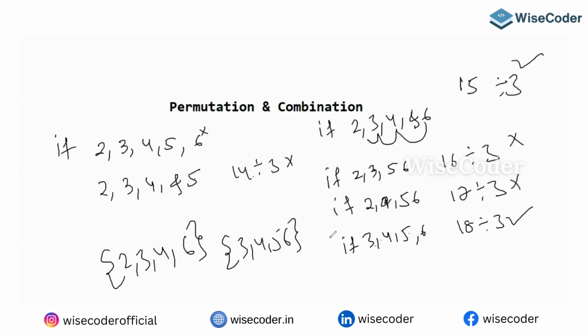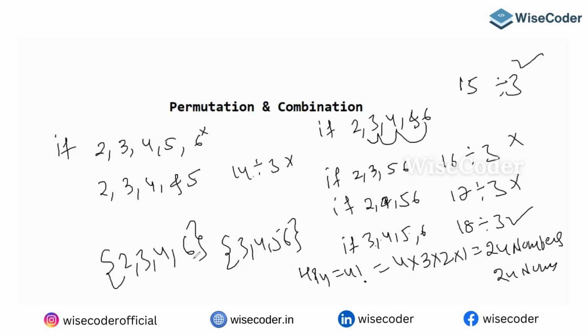So with each of these sets we can form 4P4, out of 4 I can use 4. That is nothing but 4 factorial, 4 into 3 into 2 into 1, which gives you 24 numbers. One set gives 24 numbers, and the other set also gives 24 numbers.